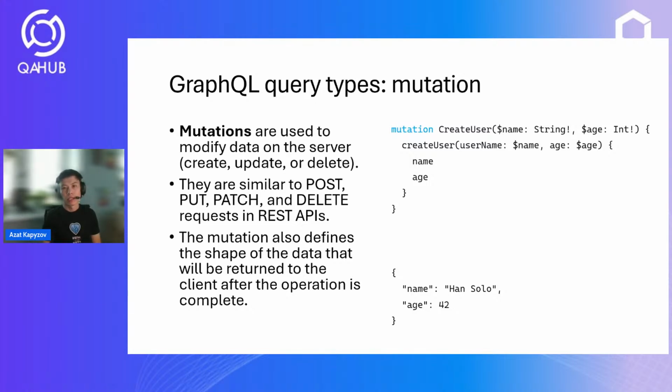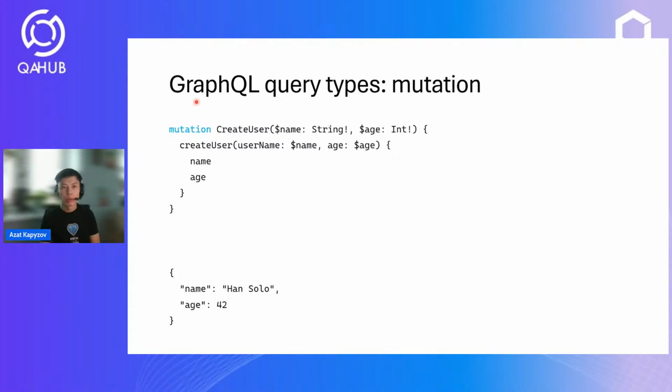For example, in this case, we have a mutation called create user with some arguments, which we pass by using these variables. When we run this query to our server, in the response we will get something like this: create user, name, age. That's what we specified in our request.